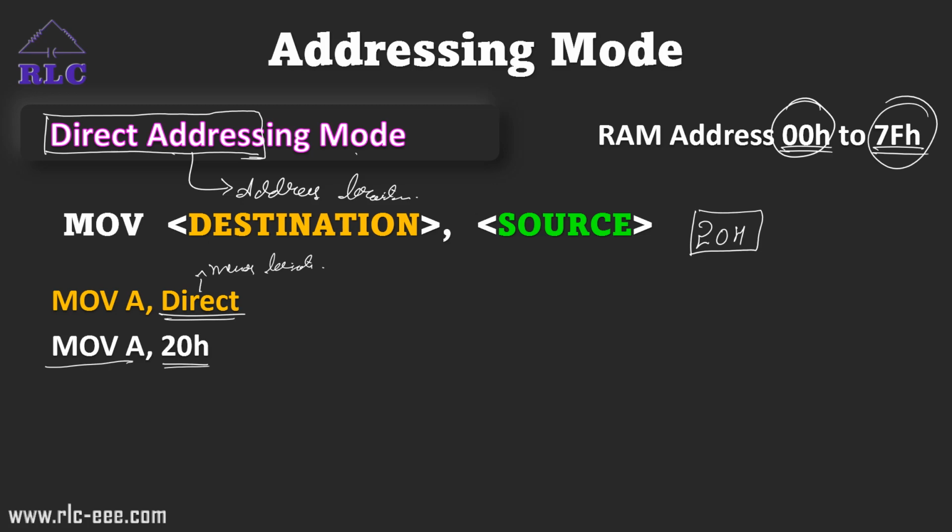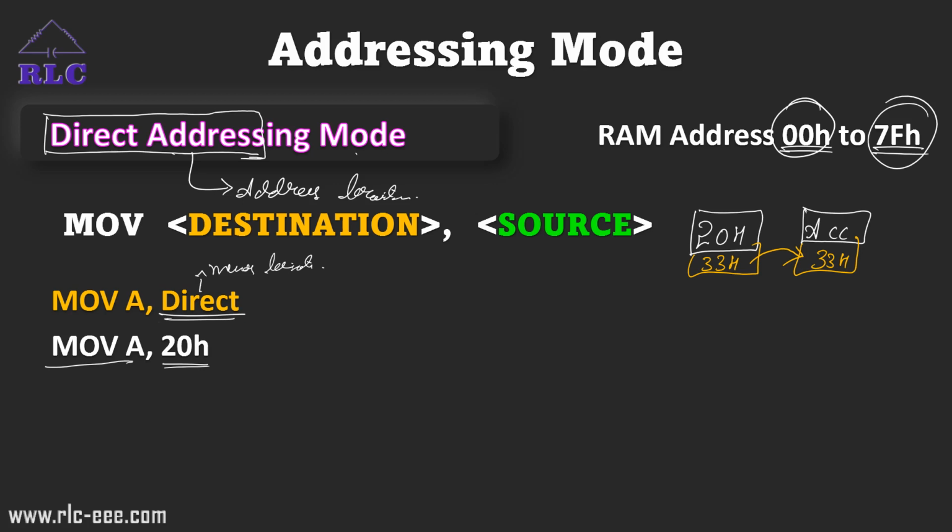Assume this is a memory location and it has data, say 33H. Then we have the accumulator. Once this instruction has been executed, this 33H will be copied to the accumulator.